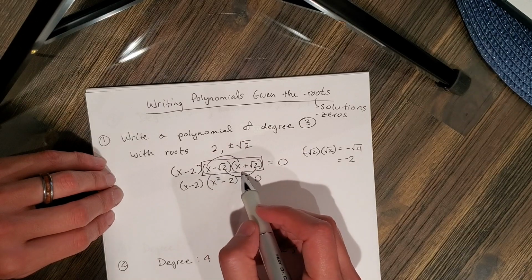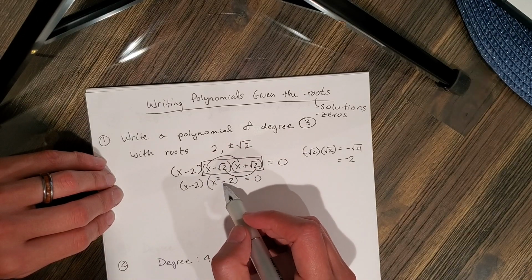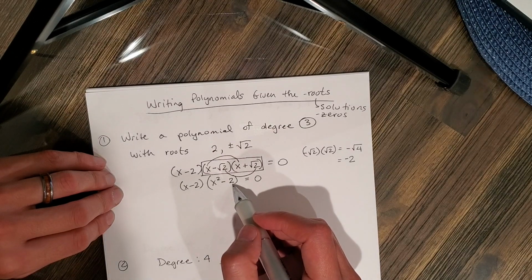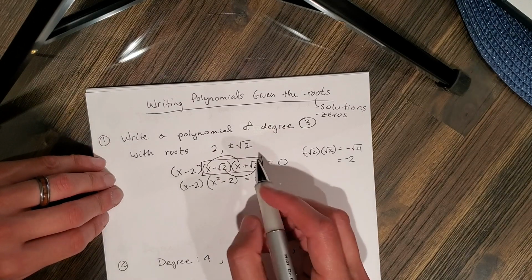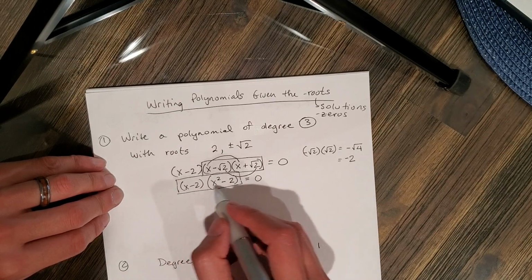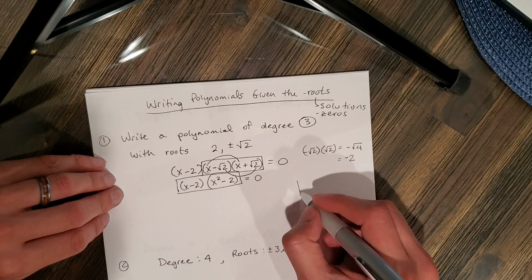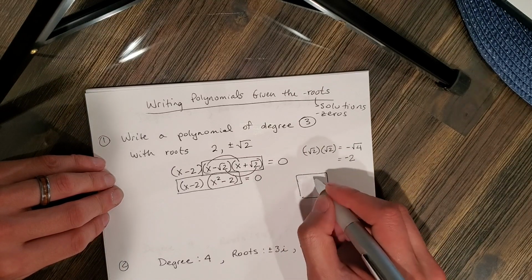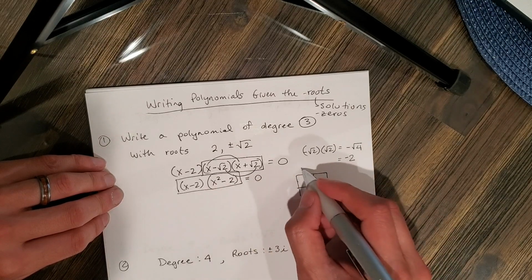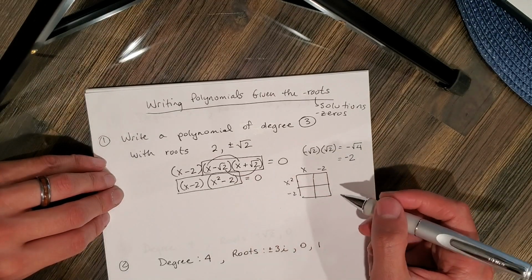X minus square root of 2 times x plus square root of 2 becomes x squared minus 2. Okay? And then let's go ahead and multiply these two together. X minus 2 times x squared minus 2. So we're going to do this on the side again. So I'm going to just do a box method, okay? So 2 by 2. So I'll put x minus 2 on top, and then x squared minus 2 on the side. So let's just multiply.